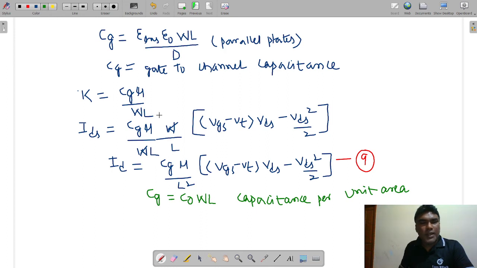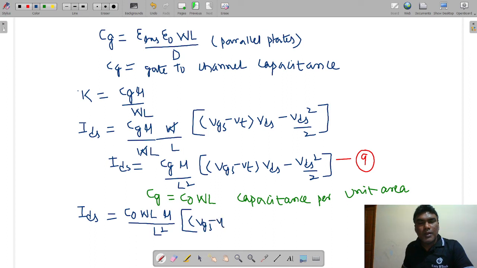Now this IDS, above equation 9, will become, in place of CG you can substitute this C naught into W into L, then the remaining mu by L square, this VGS minus VT into VDS minus VDS square by 2.